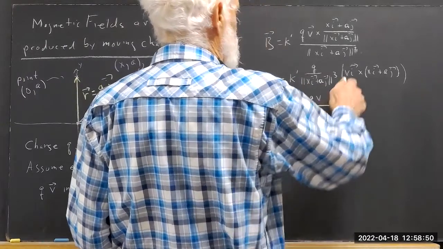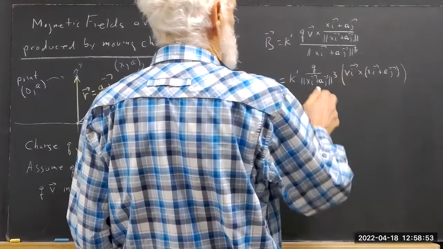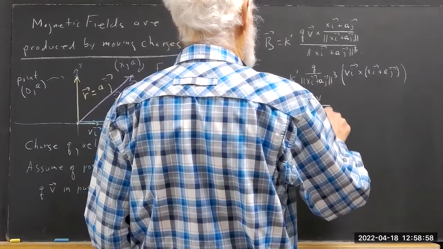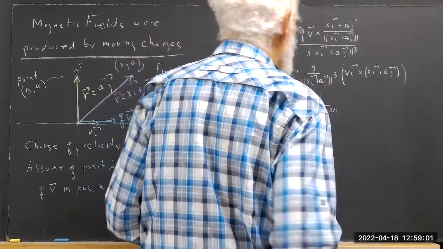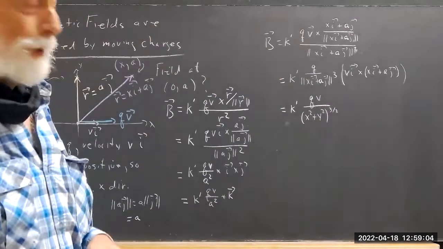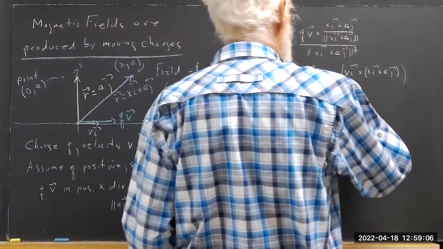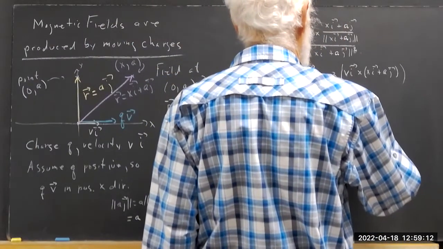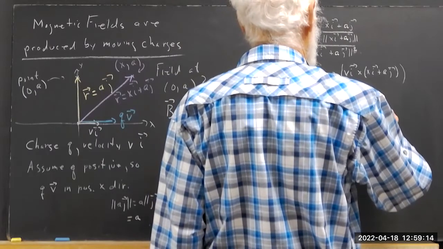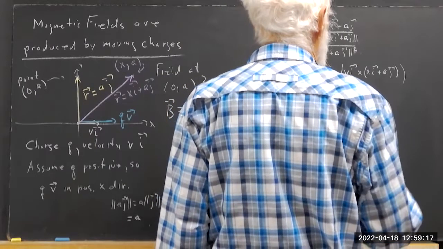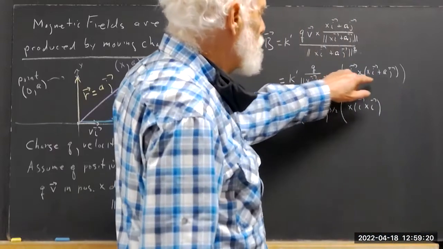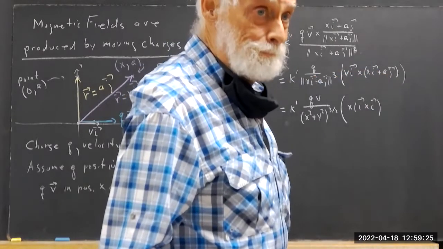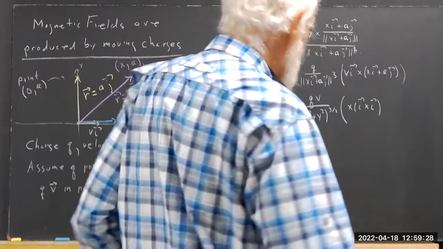So we're going to get, okay, let's just get all our constants, including the scalar V, QV over X squared plus Y squared to the 3/2 multiplied by I cross XI plus I cross AJ. Okay, I'm going to write it out that way.